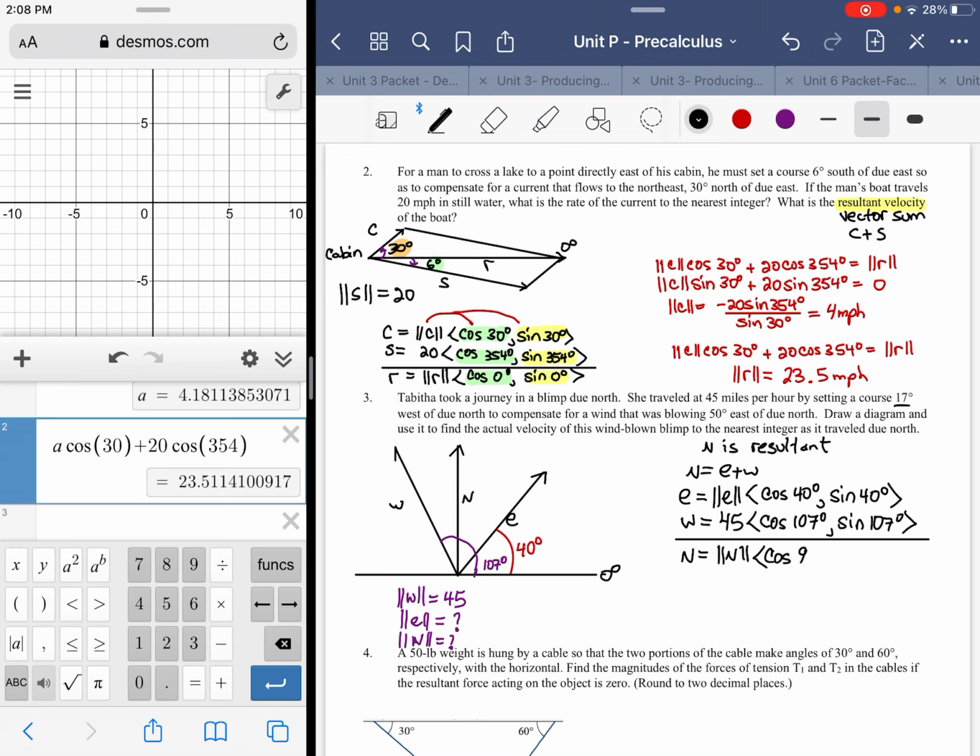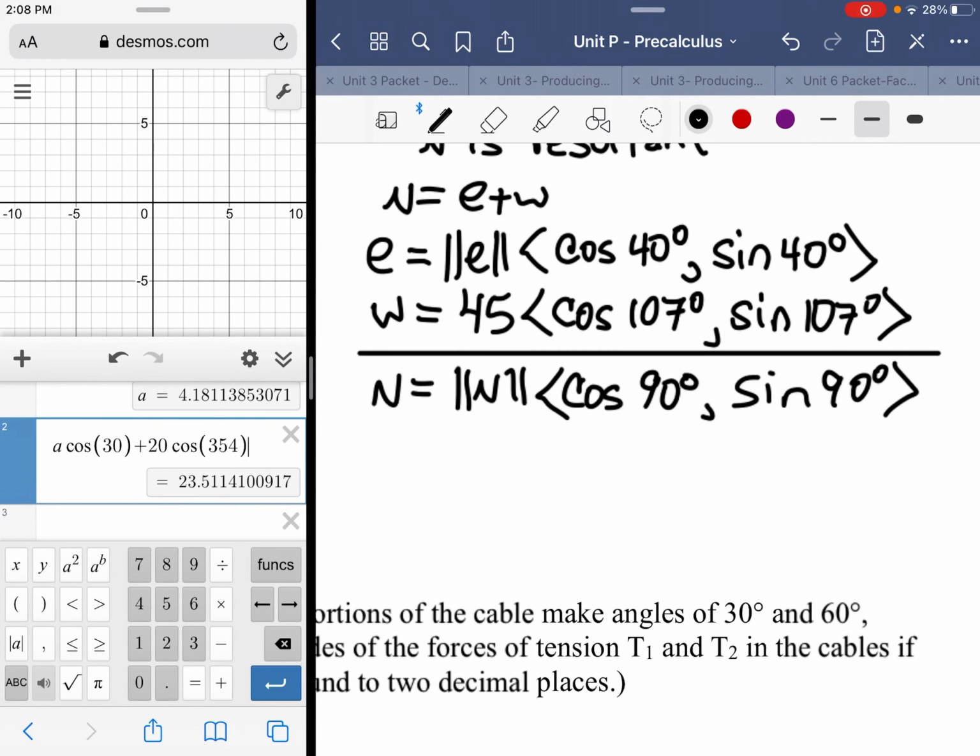And N, well, we don't know its magnitude, but we do know that it's going off in the 90 degree direction. So cosine of 90, sine of 90. All right. So same idea as the previous question.